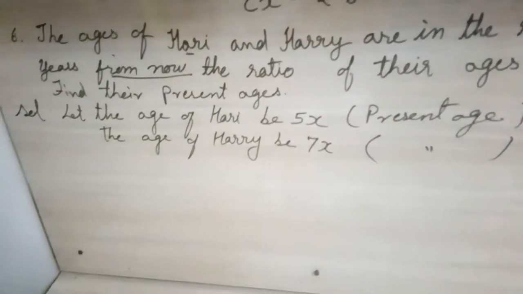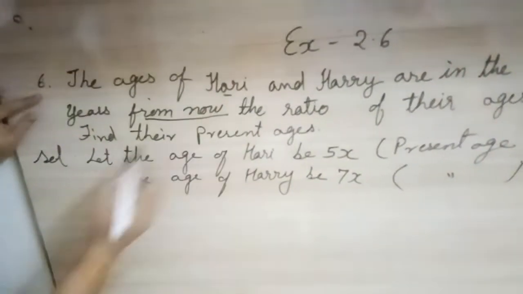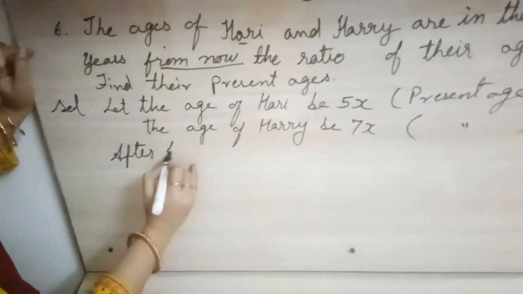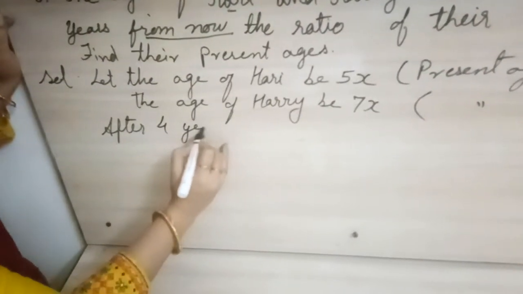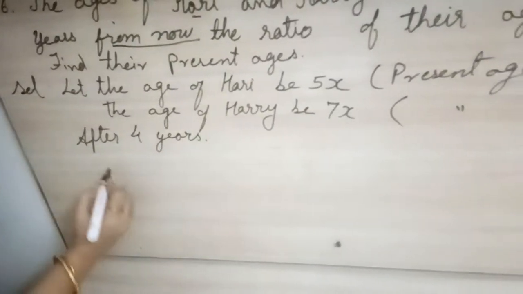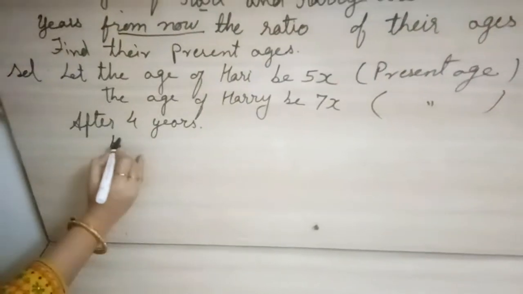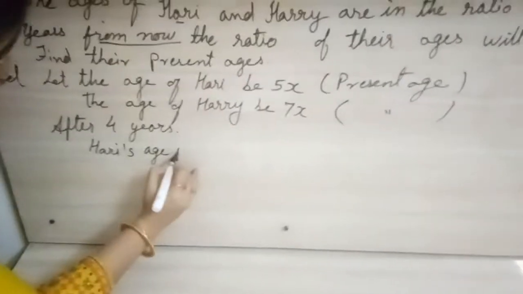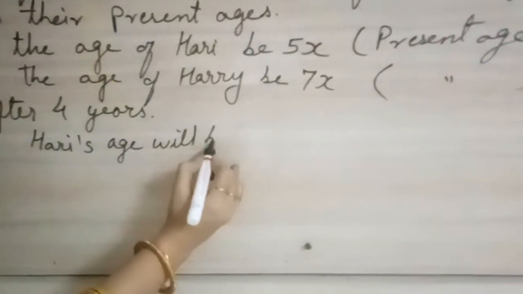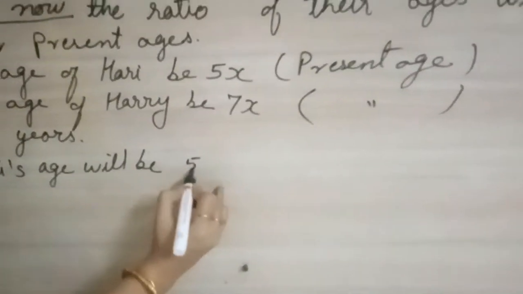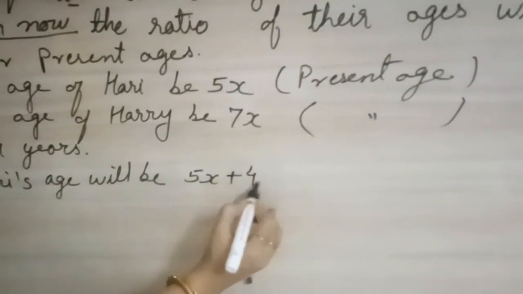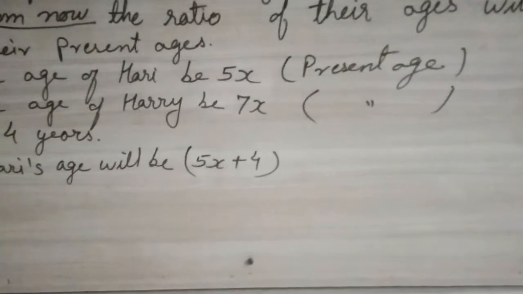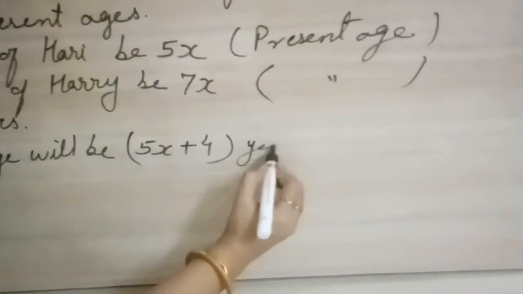Now they are telling 4 years from now, so after 4 years, what will happen? Hari's age will be, what will it be? To the present age we add 4, so it will be 5x plus 4 years.